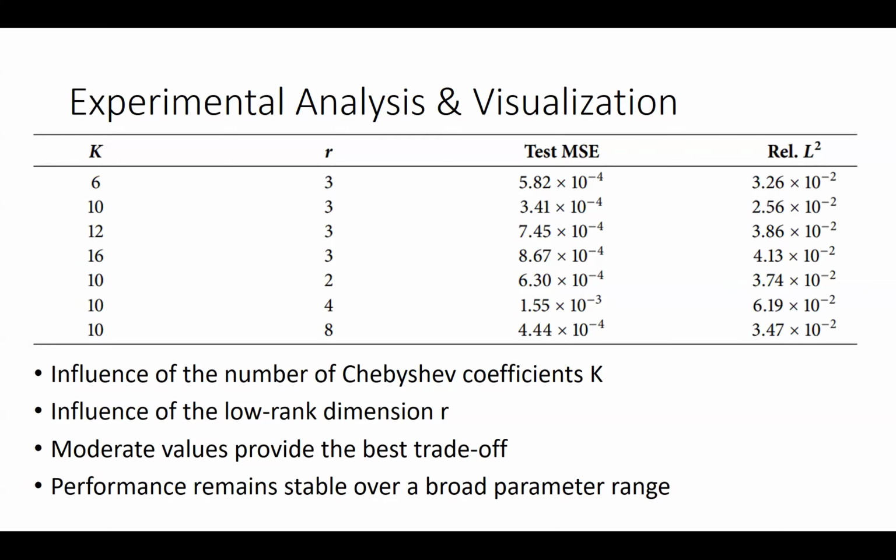Can I ask a question here? Why, as you increase the number of Chebyshev terms, does the error go up? For when we vary them beyond 10, I think beyond 10. Well, it's just an empirical question.